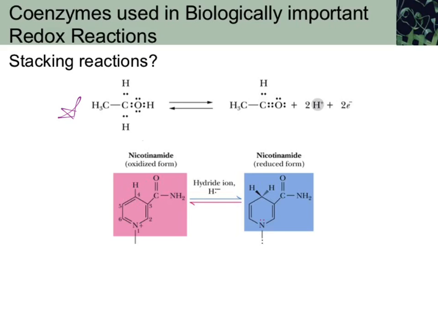So the alcohol to our formaldehyde process won't happen easily until we get an electron acceptor like nicotinamide to accept those electrons. So if we have lots of NAD+ floating around, we can start this oxidation process. So nicotinamide will be coupled to that reaction. Kind of make sense?